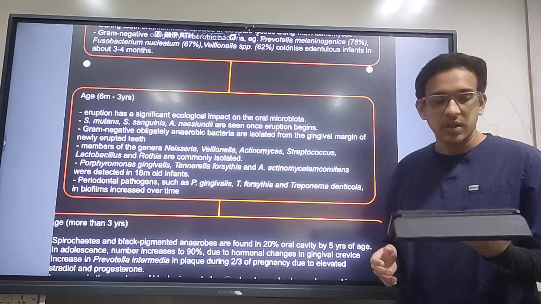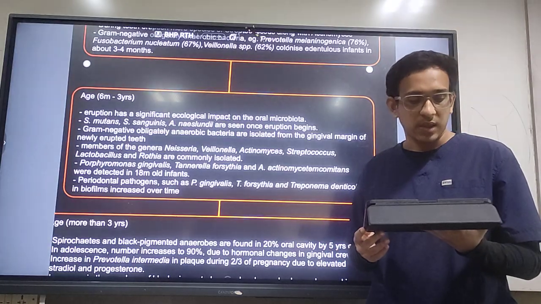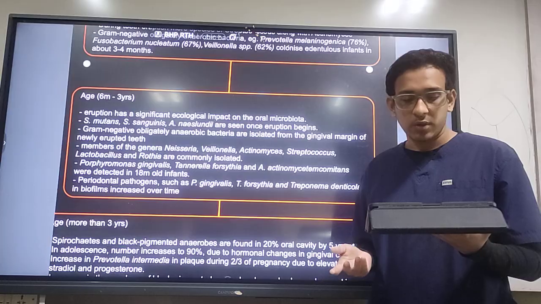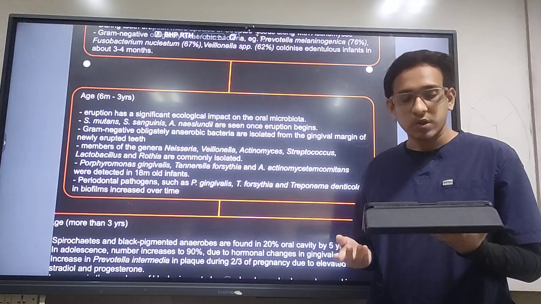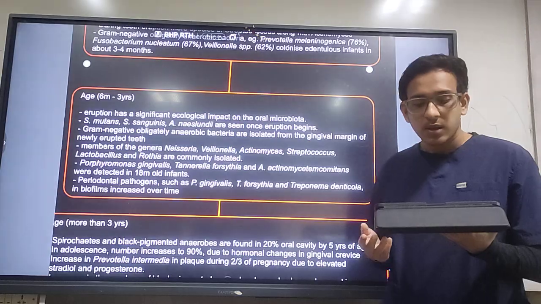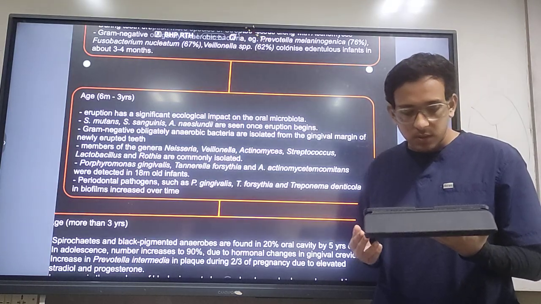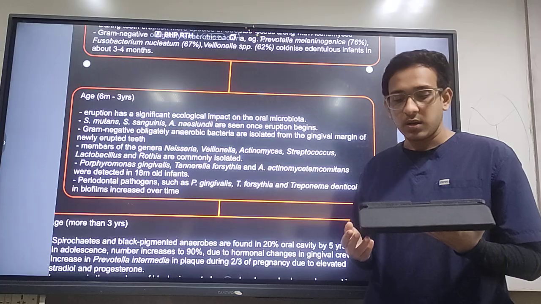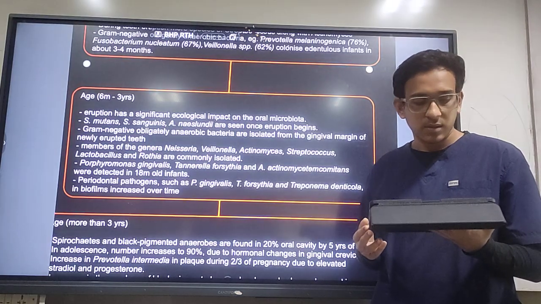From age 6 months to 3 years, eruption has a significant ecological impact on the oral microbiota. Streptococcus mutans and Streptococcus sanguinis are seen once eruption begins.